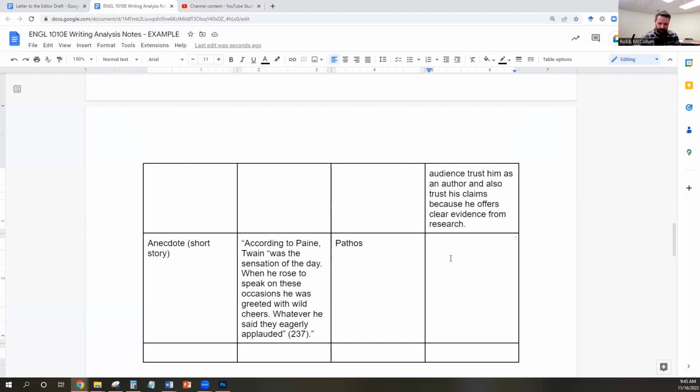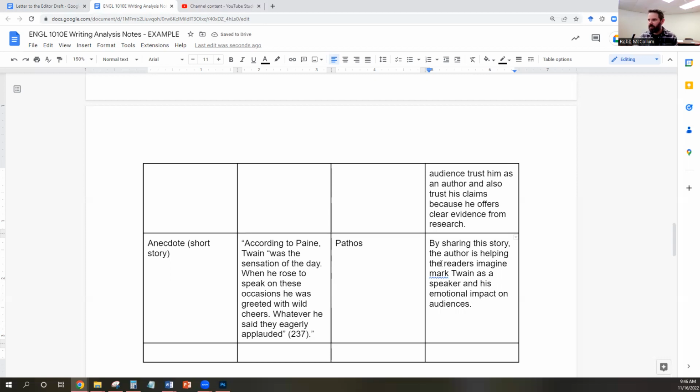And the goal here is by sharing this story, the author is helping the readers imagine Mark Twain as a speaker and his emotional impact on audiences. Now they stand up and cheered.